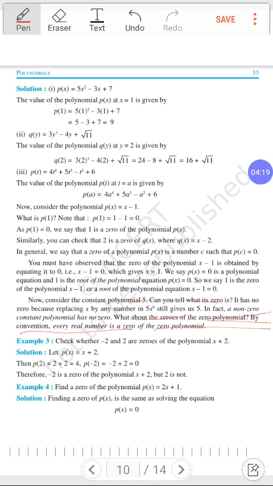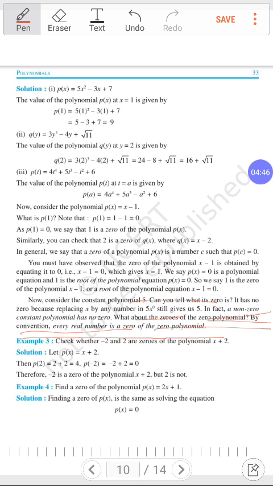So whatever value of x we keep, we will get 0 only. That's why for the zero of the zero polynomial it is said there is every real number, because any value of x will give 0. So it has been written by convention, every real number is a zero of the zero polynomial.